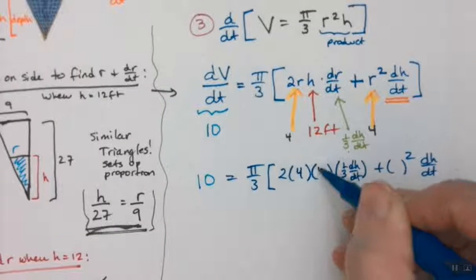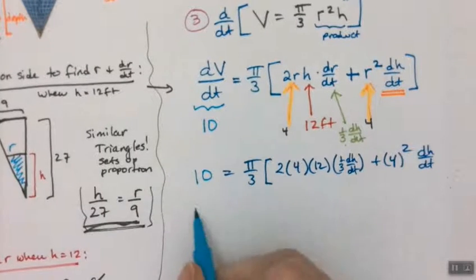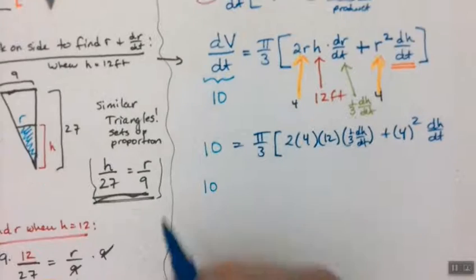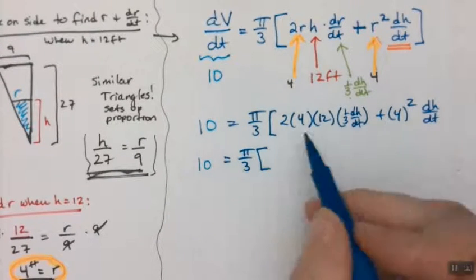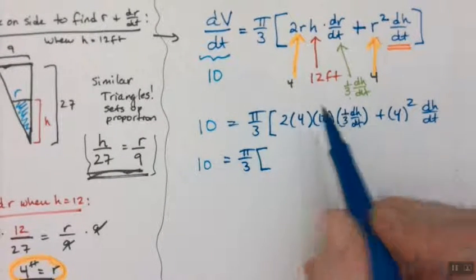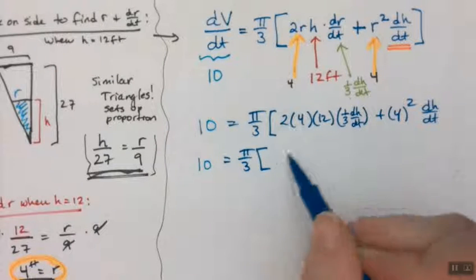This will be 4, this will be 12, this will be 4. All right, so that's 10 equals pi over 3 times, and then I just have to multiply all this. So 3 goes into 12 4 times. 4 times 4 is 16. 16 times 3 is 32.